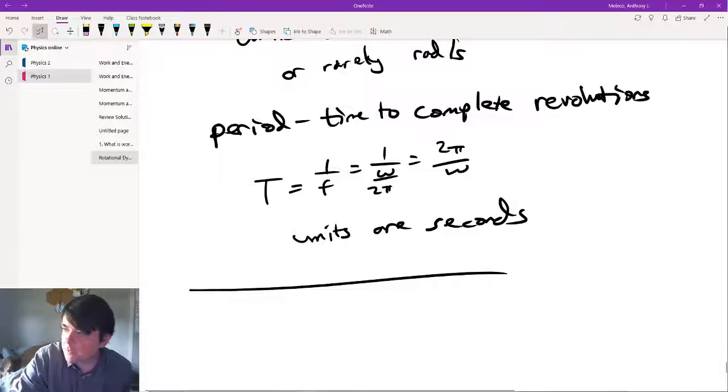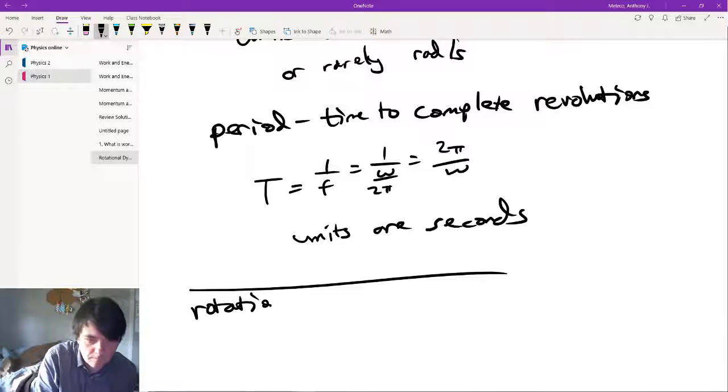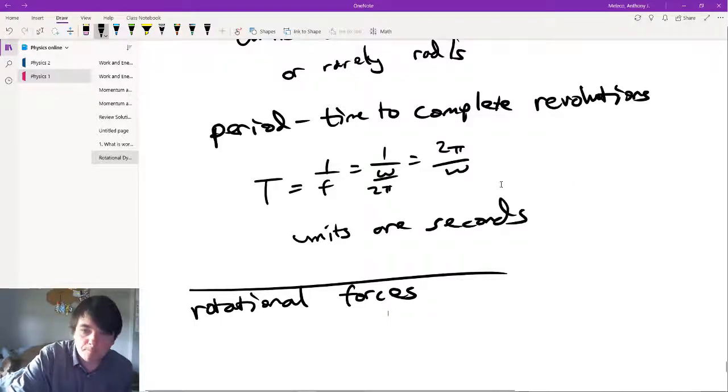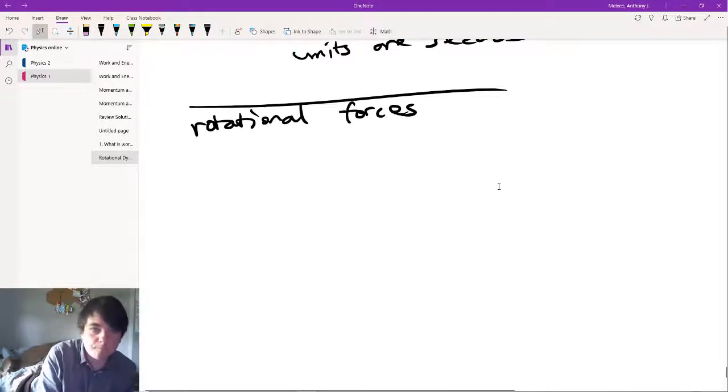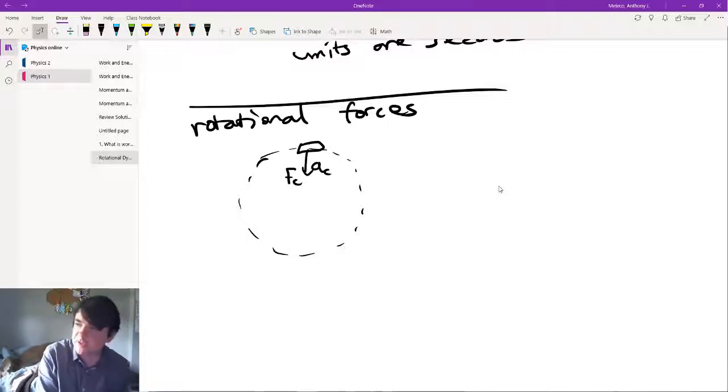And then we had rotational forces. I know that whole bit was just kinematics. So again, we draw our circle. We have our object. We've got some thing pointing in. This is the centripetal force that's causing this centripetal acceleration.